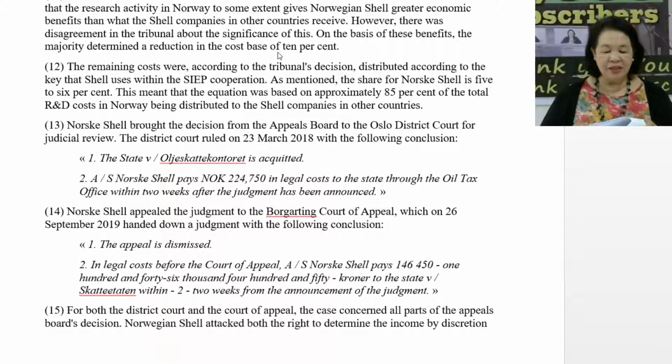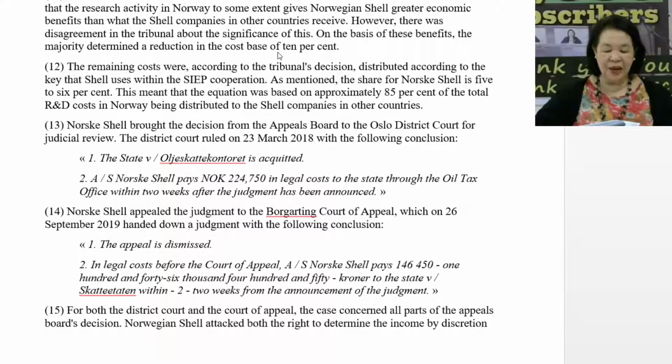So for both the District Court and the Court of Appeals, the case applied to all parts of the appeals board decision. Norwegian Shell attacked both the right to determine the income by discretion pursuant to Section 13-1 of the Tax Act and the further implementation of the discretionary determination. Parang sa atin, sa Pilipinas, arbitrary, no? Parang arbitrary determination. Sa Norway naman, anong sabi niya, discretionary determination, no?